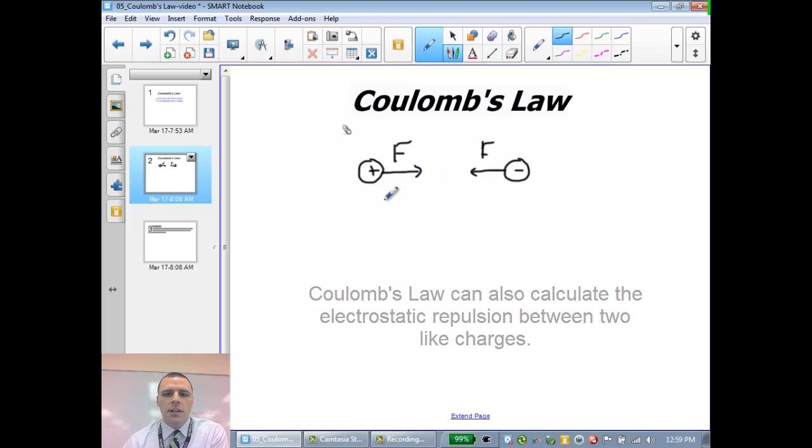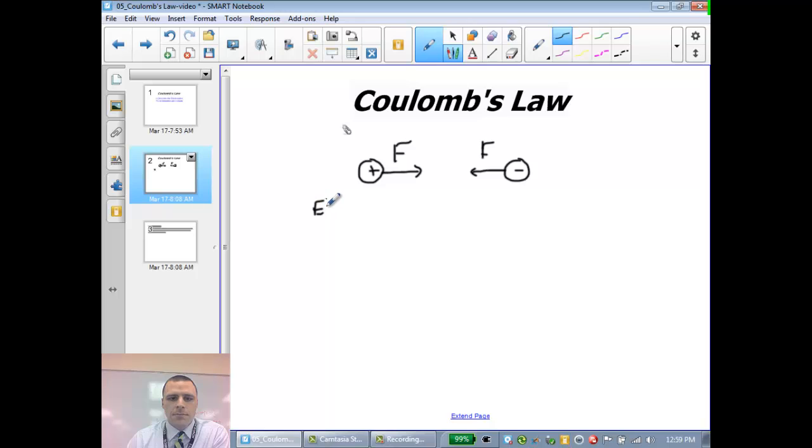And Coulomb's law tells us that the electrostatic force is impacted by the two charges, Q1 and Q2. So it depends upon the product of the two charges, Q1 times Q2.